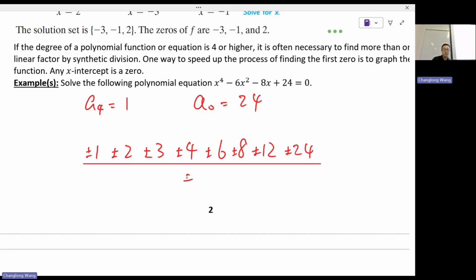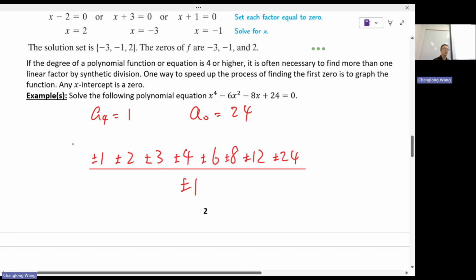The denominator is going to be plus or minus 1, right? Because there's only 1 for the leading term. But there are a lot, right? Therefore, if you see how we do this problem tomorrow, it will be tedious. But the thing is, you're always going to start from 1, which is always going to be a factor for any constant, right?